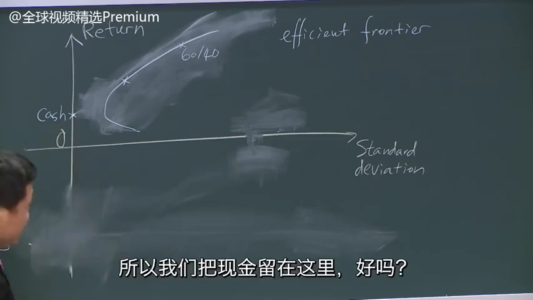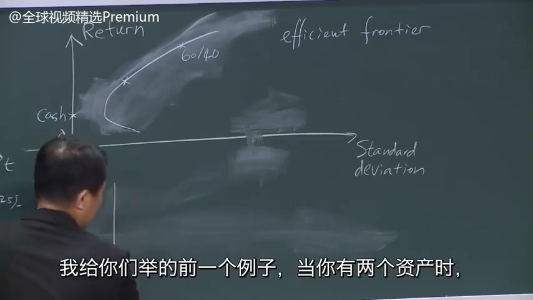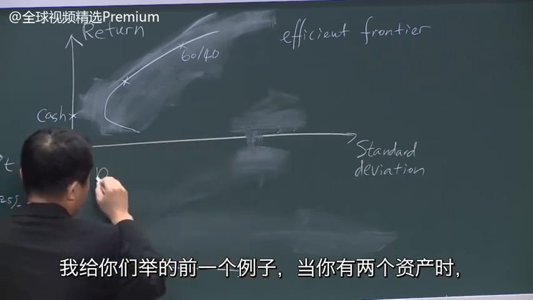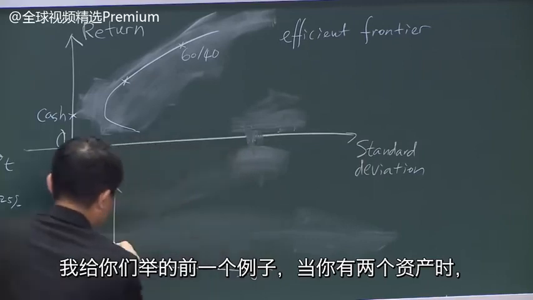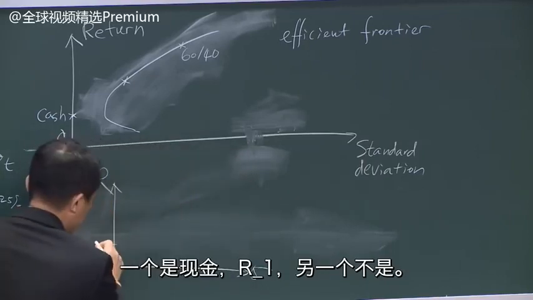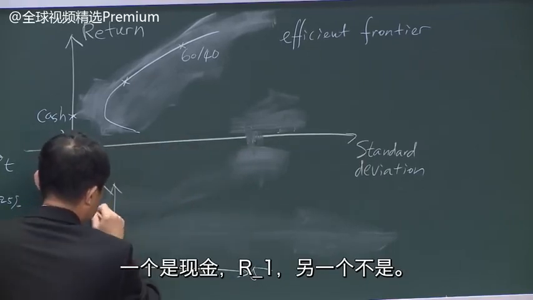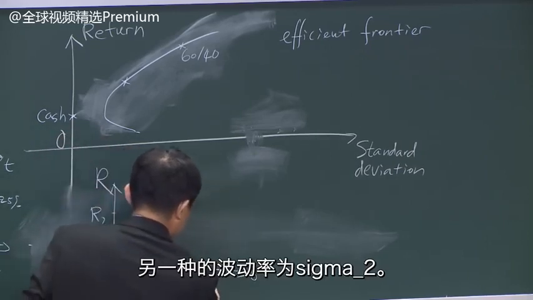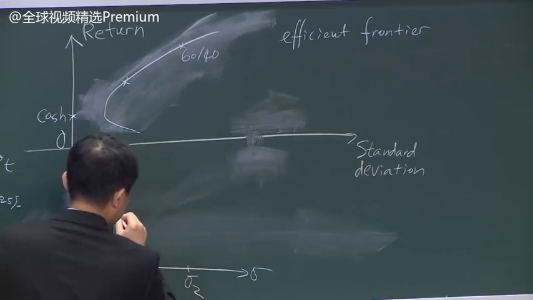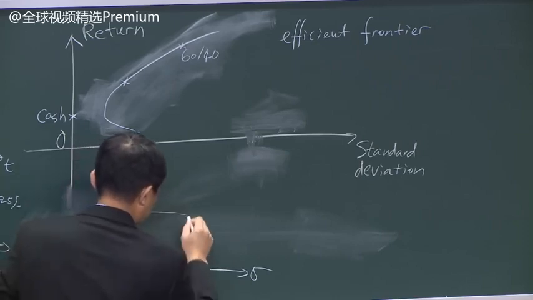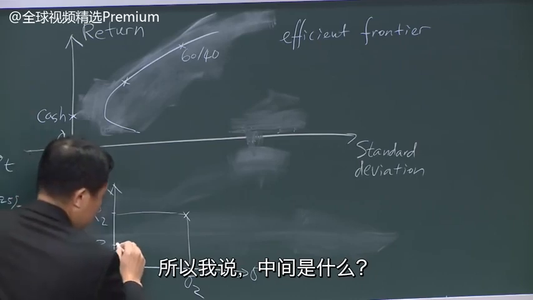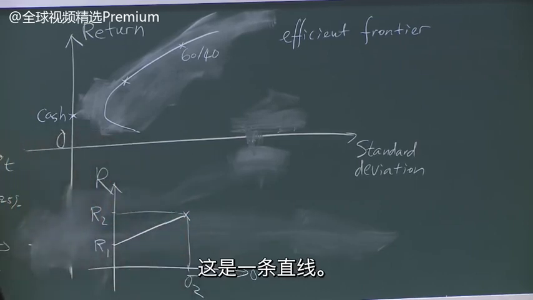Okay. So the previous example I gave you, when you have two assets, one is cash, all one. The other is not. The other has a volatility, sigma 2. You have this point, right? And I said what's in between is a straight line.